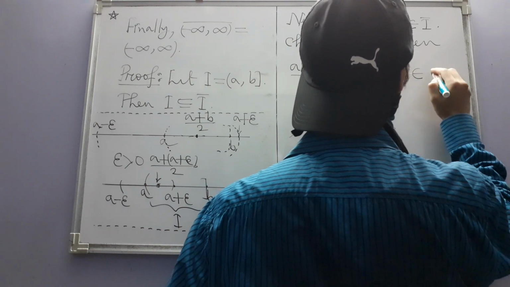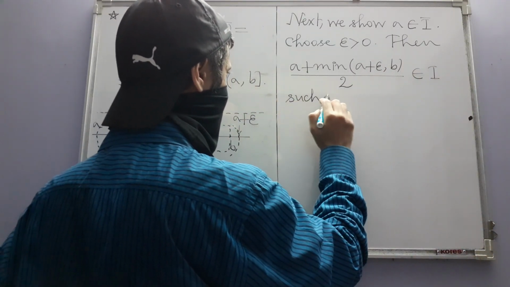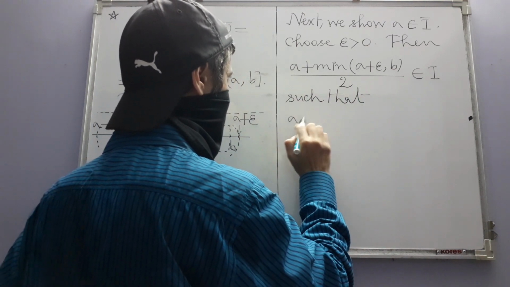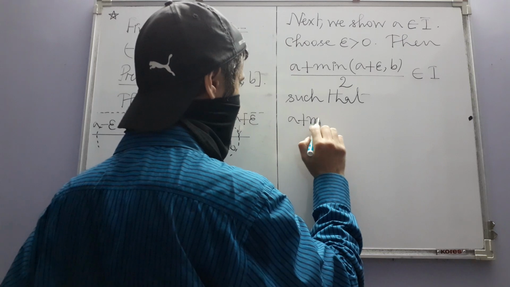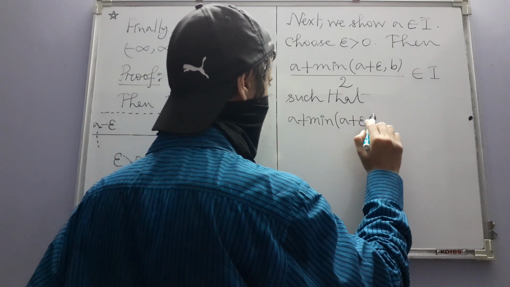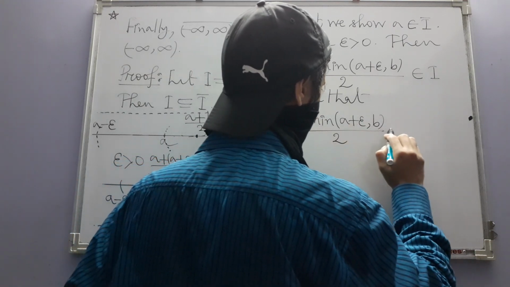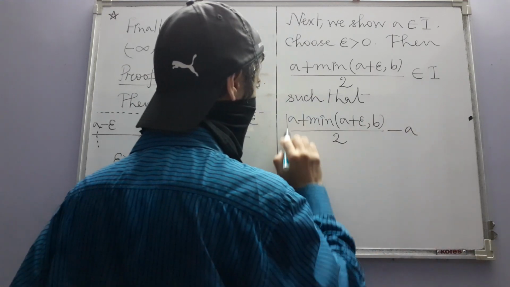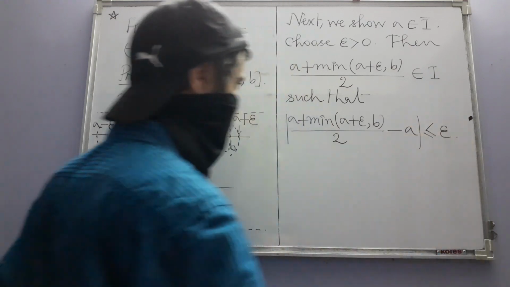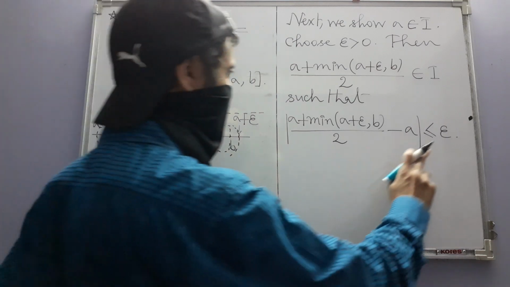This belongs to I such that its distance from A is less than or equal to, actually it will be less than epsilon, but we do not need strict inequality here.